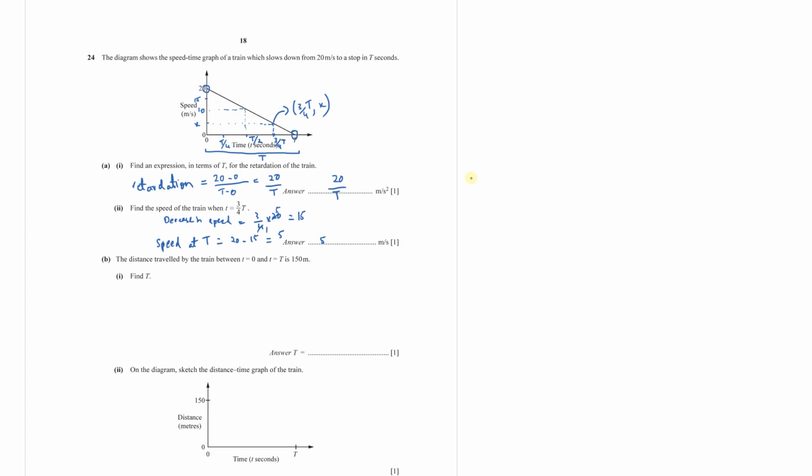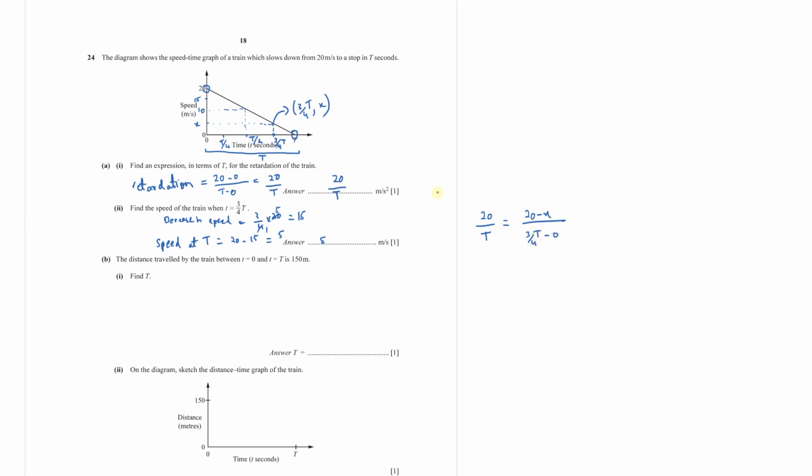So your gradient is 20 by T, but if I use these 2 points to get the gradient, it will be 20 minus x over 3T by 4 minus 0.